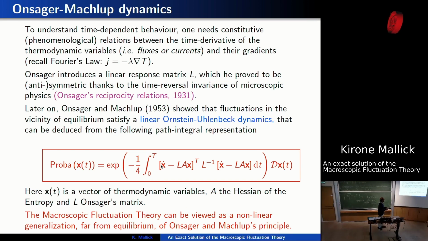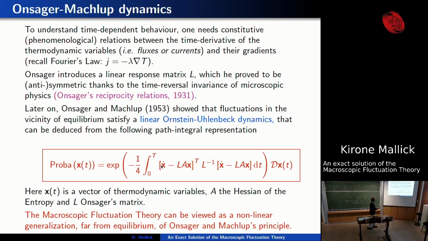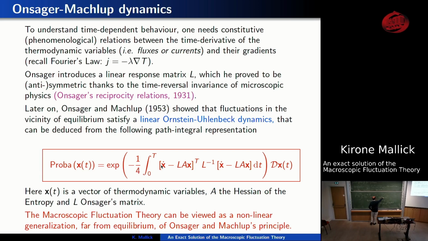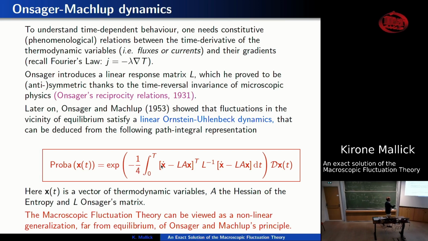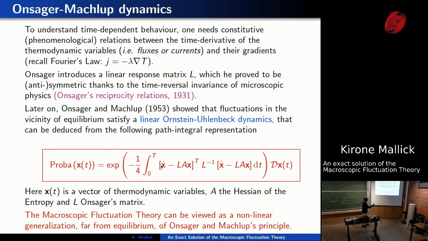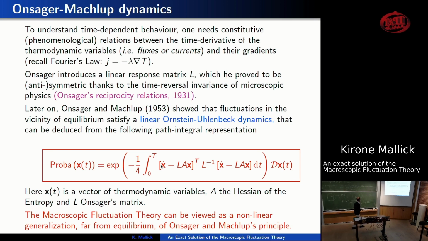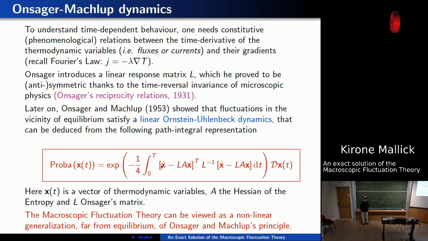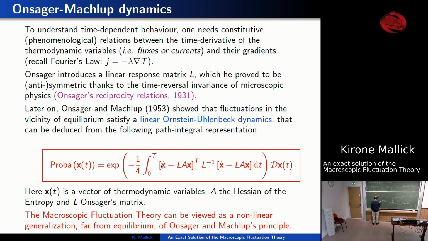And then, 20 years later, Onsager and Machlup gave, as I told you, a path integral for these fluctuations at equilibrium, which is expressed by this formula. So the fluctuations of thermodynamic variables are given by a Gaussian integral. And this measure, in fact, is nothing but the measure associated to an Einstein-Uhlenbeck process, a simple Langevin equation for a vector.